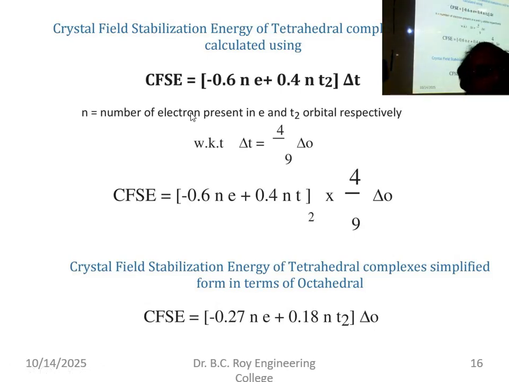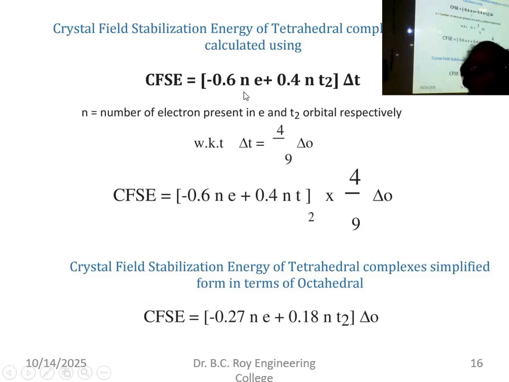The upper one has 3 levels, so 0.4, and the bottom one has 2 levels, so 0.6. Otherwise, how can you get the energy balance? So the minus will be 0.6 and the plus will be 0.4 in the case of tetrahedral.